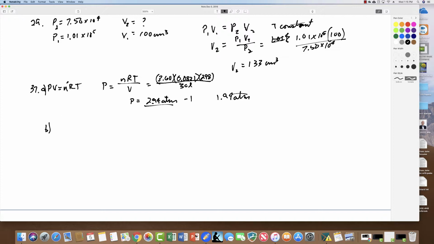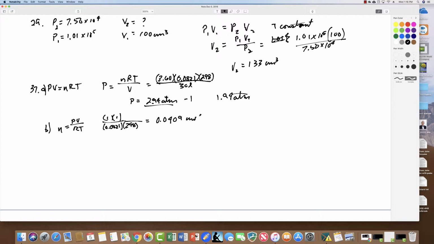So the way to do that is to figure out how many additional moles that little bit of gas you're putting in represents. And so n is equal to PV over RT, and you're adding 1 liter of gas at 1 atmosphere, 0.0821 for R, and 298 for the temperature.